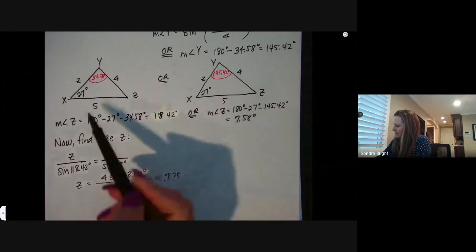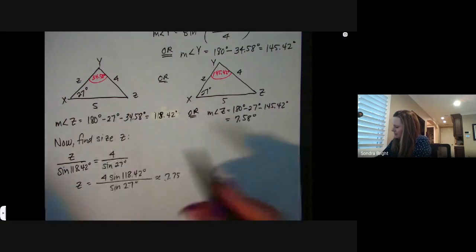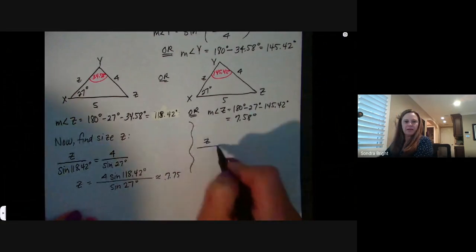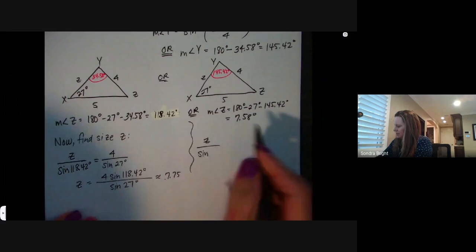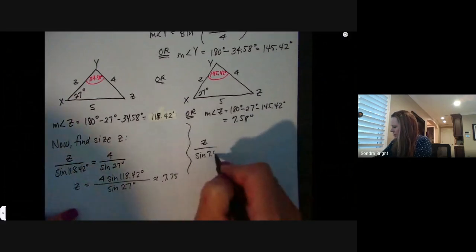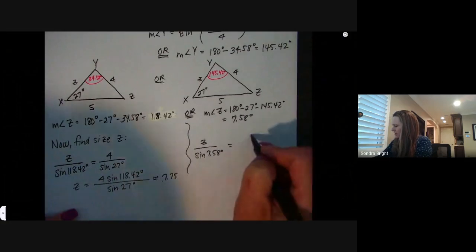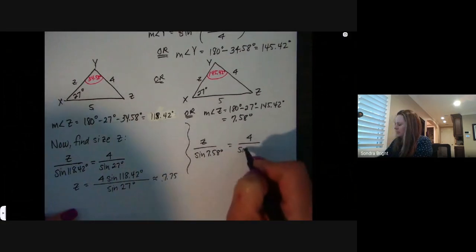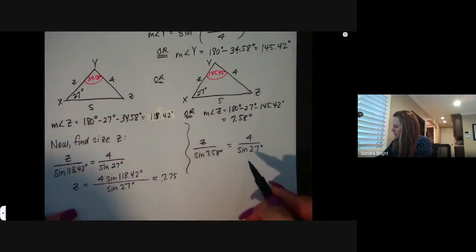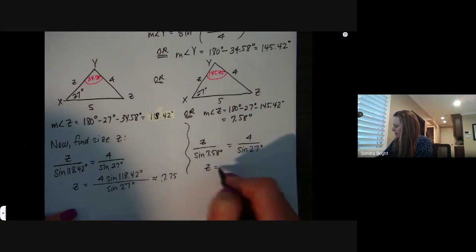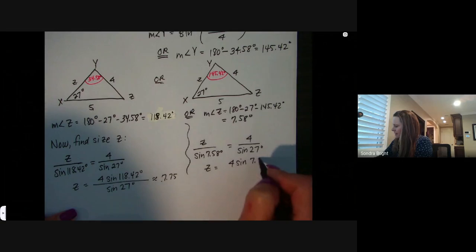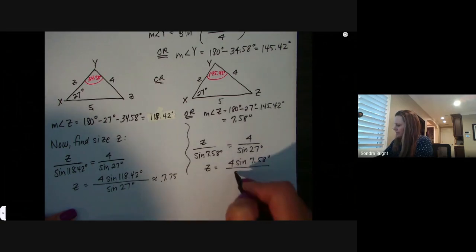Okay, but for this guy, we would have Z over sine of, this time my angle Z would be 7.58. And set it equal to side X was 4 and angle X was 27 degrees. Multiplying both sides by the sine of 7.58 degrees, you'll get Z is equal to 4 times sine of 7.58 degrees over sine of 27 degrees.